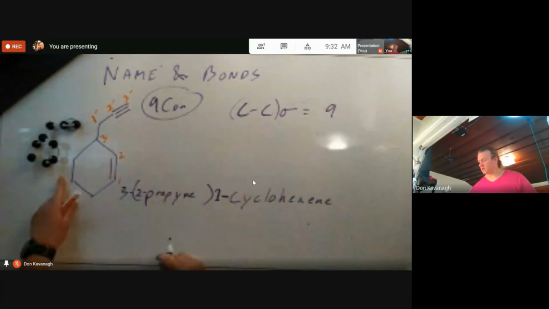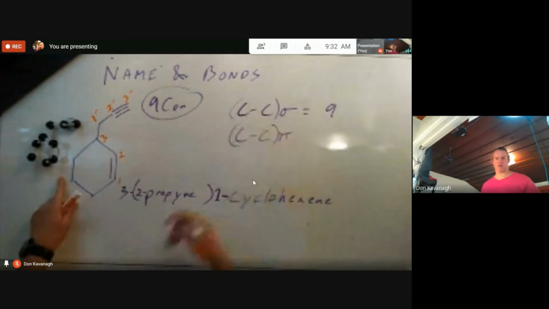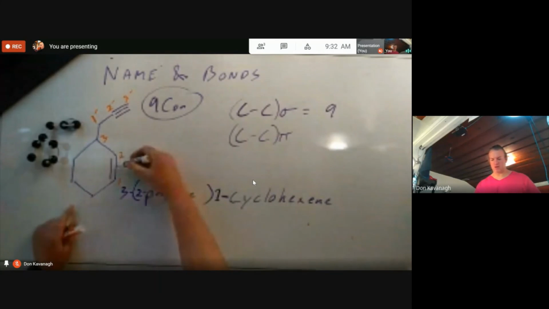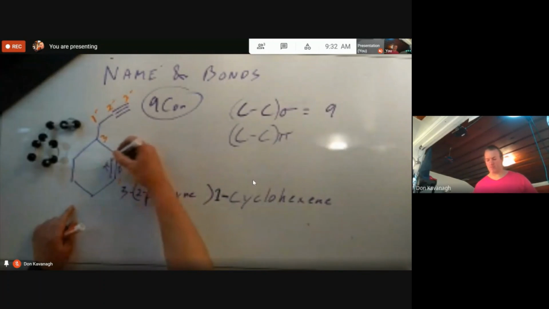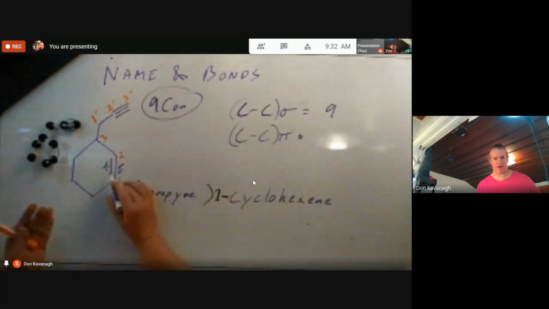Now the carbon-carbon pi bonds: the second and third bonds between carbons are going to be pi bonds respectively. Right here there are 2 bonds. One of them is a sigma and the other one is a pi. I'm arbitrarily assigning one of those lines as a sigma and one of them as a pi.